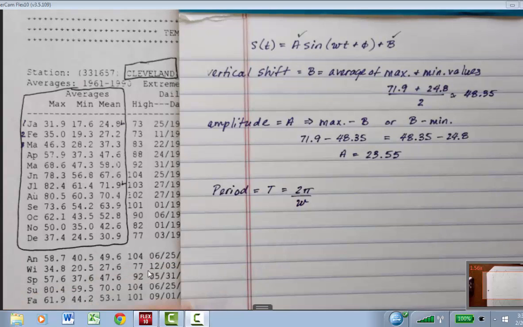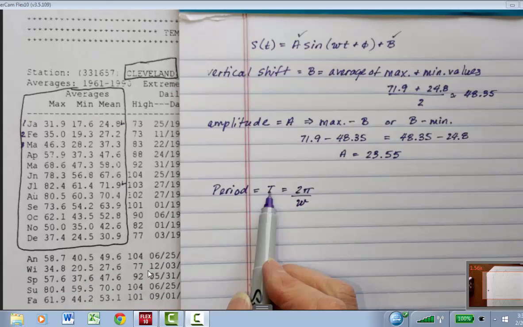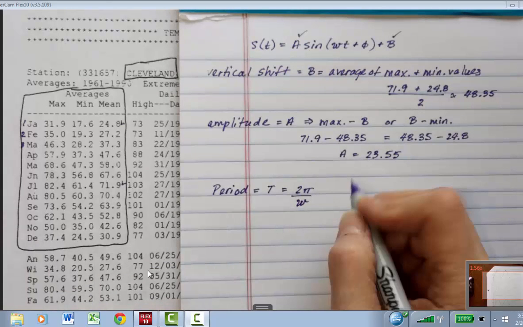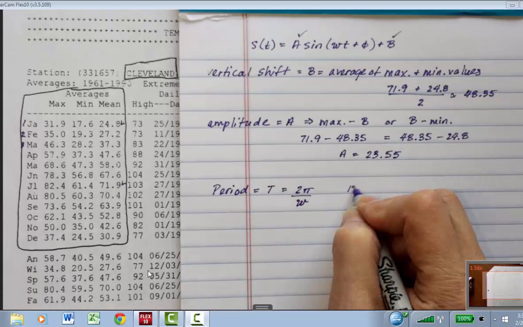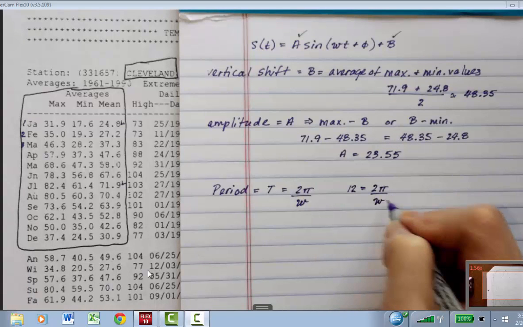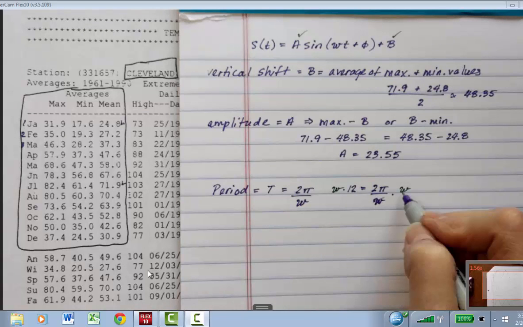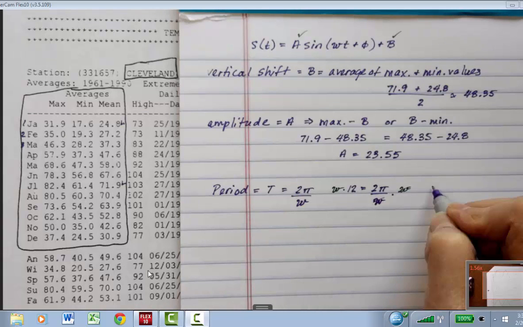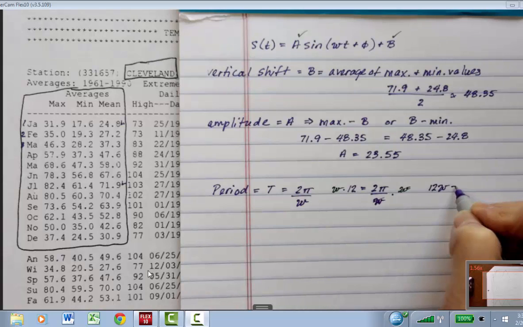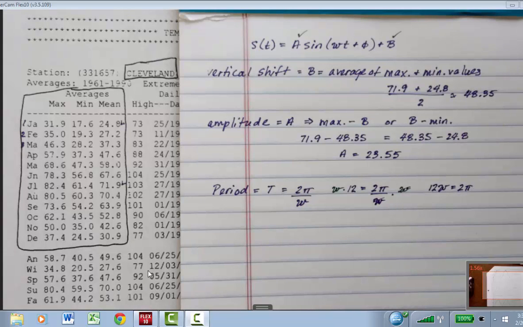Well, my period for this particular function is 12 months. So 12 equals 2 pi over omega. I'm going to multiply both sides of the equation by omega. I end up with 12 omega equals 2 pi. And then I'm going to divide both sides by 12.